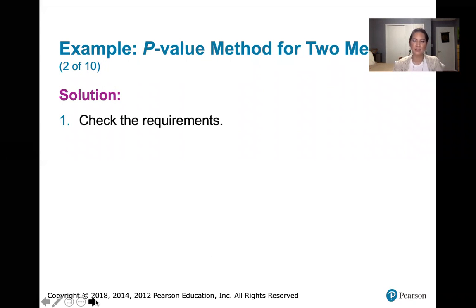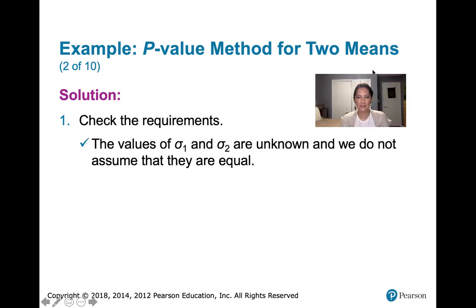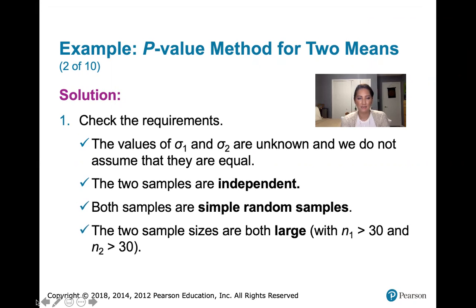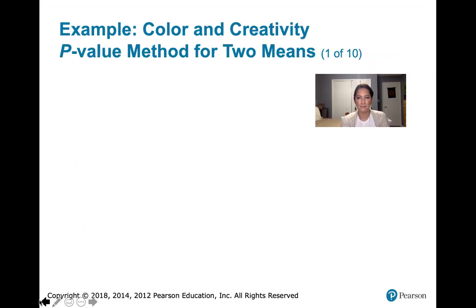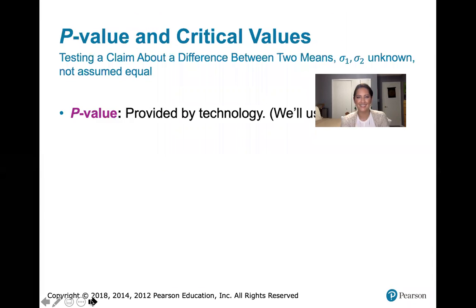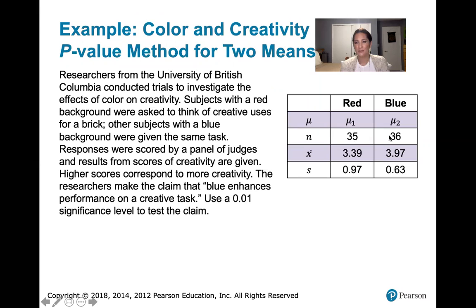Okay, so the first thing we need to do is check the requirements. Well, we're not told the population standard deviations, and we have no reason to assume that they're equal to each other. So that's satisfied. We can assume that these samples are independent samples, and they are simple random samples. And if we look on that last slide, the sample sizes were 35 and 36.